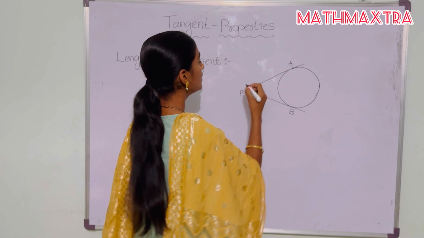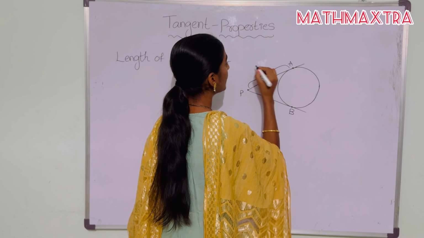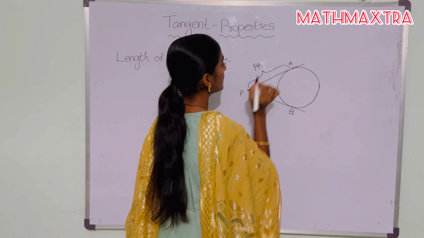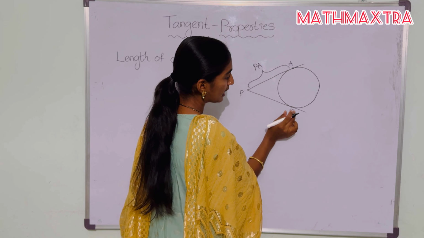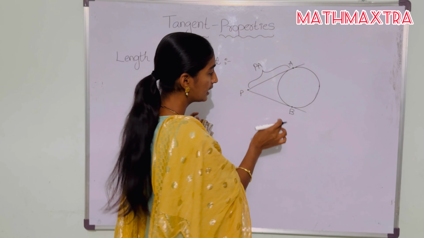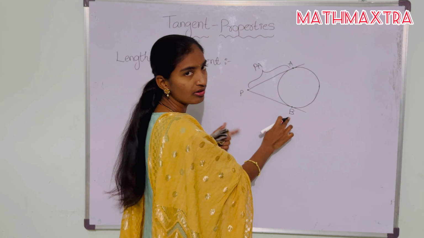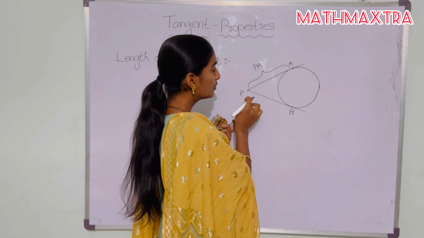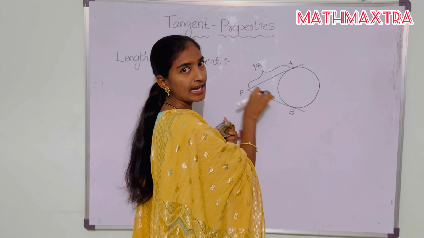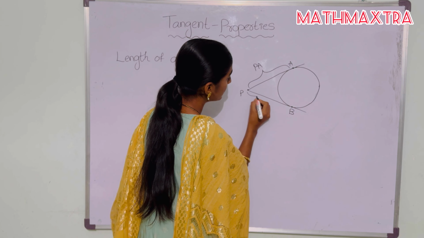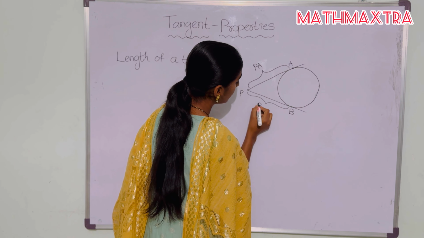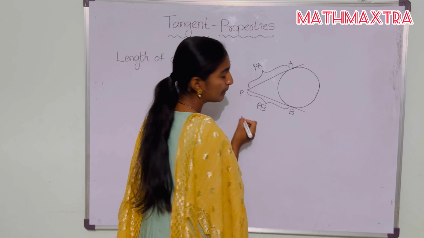This we call the length of a tangent. This PA is a length of a tangent. Similarly, if B is a point of contact, this distance is the length of the tangent PB.